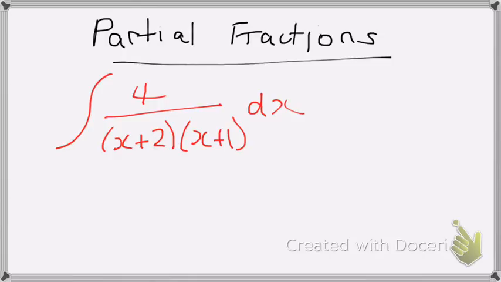So what I need to do is decompose that fraction into 2 other fractions. So I'm kind of doing exactly the opposite of making a common denominator. And I do that by saying, let's make it a on x plus 2 plus b on x plus 1.